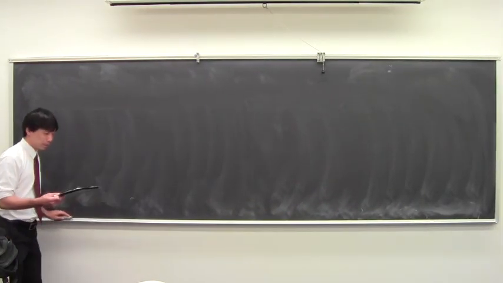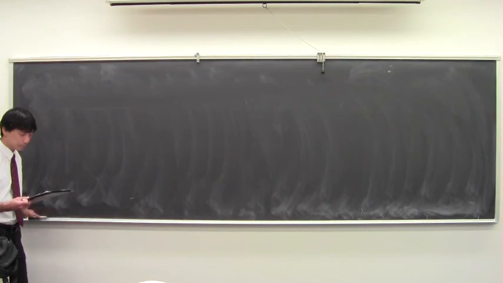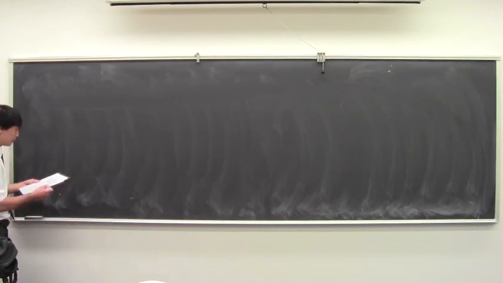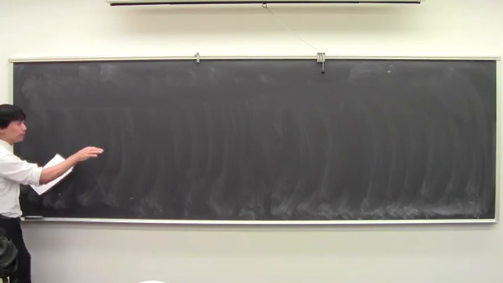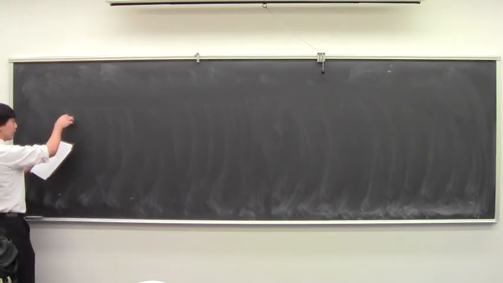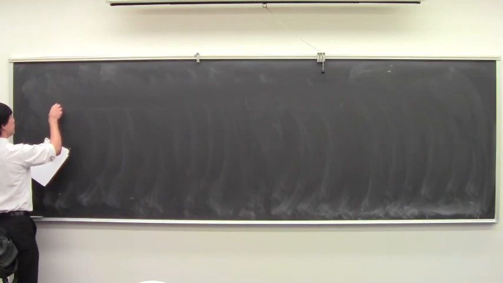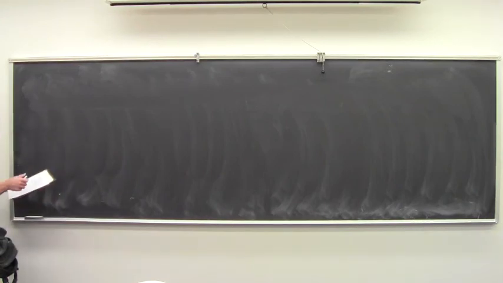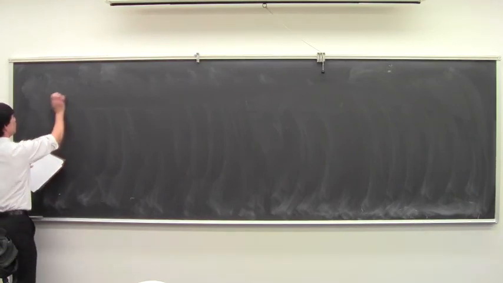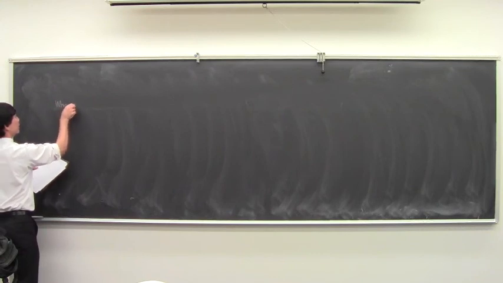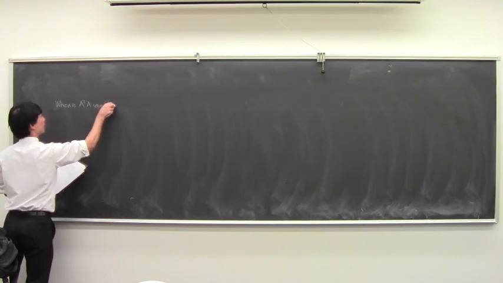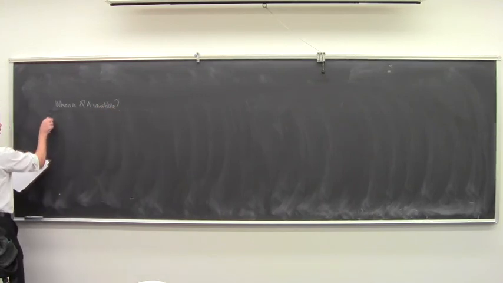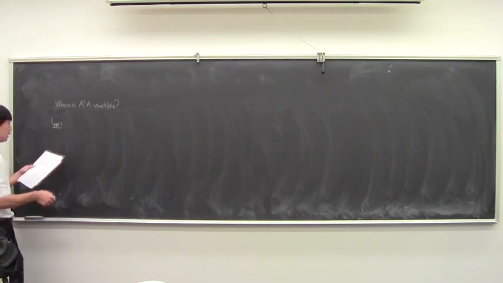Okay, one last comment about this. We did comment that it would be a good thing, so it's nice if A transpose A is invertible. So when is A transpose A invertible? We'll give a theorem that gives one condition.